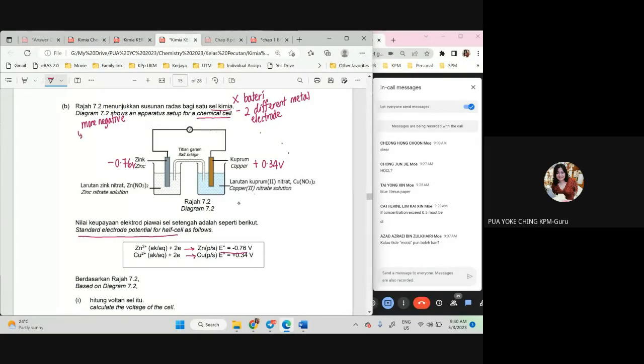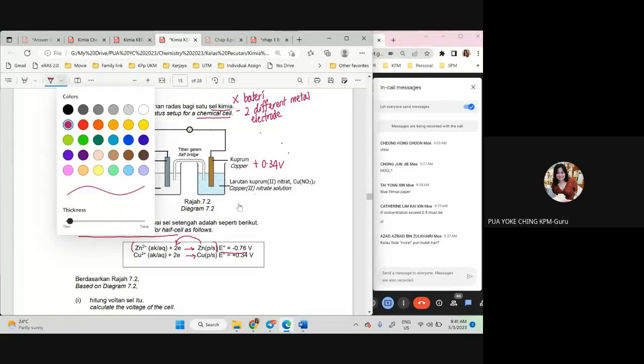Dia mesti jalan oxidation. So, you balik kepada zinc. Kalau oxidation, equation terbalik. Okay, start dari belakang. Zn jadi Zn2+ tambah 2e-.